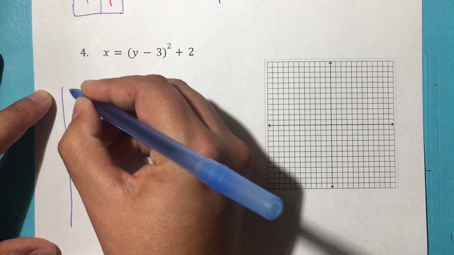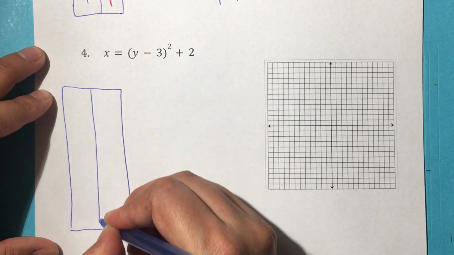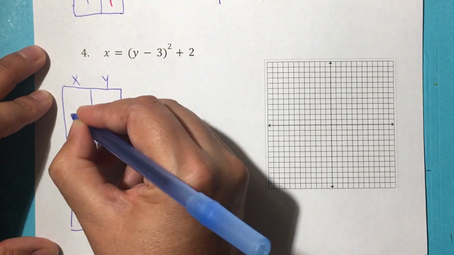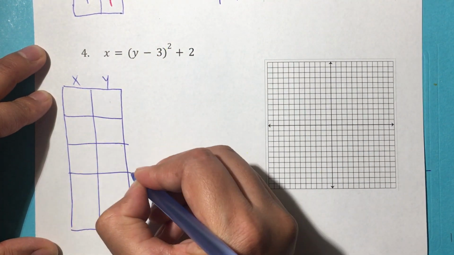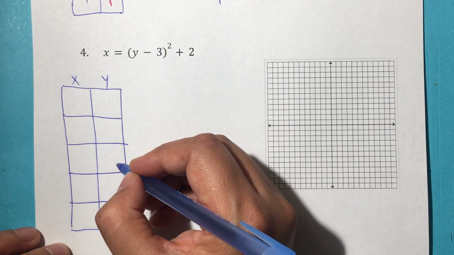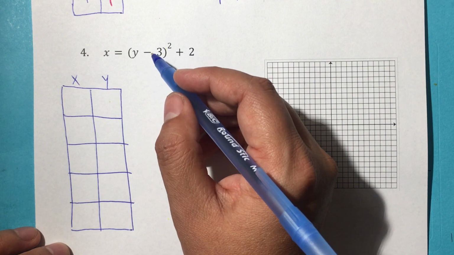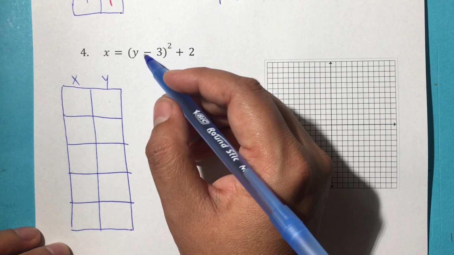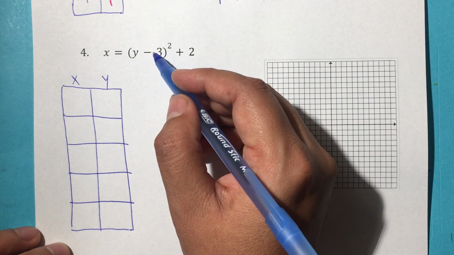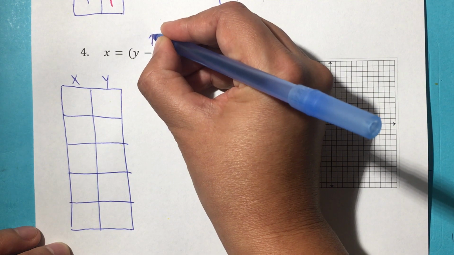So again, we're going to be giving the values to y. Okay, so x, y. And for the vertex, it's going to be the opposite on y. Be careful because this is y. Instead of going down on y, it's going to go up on y.